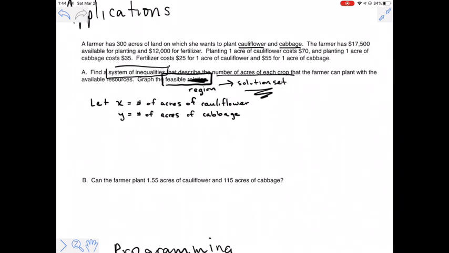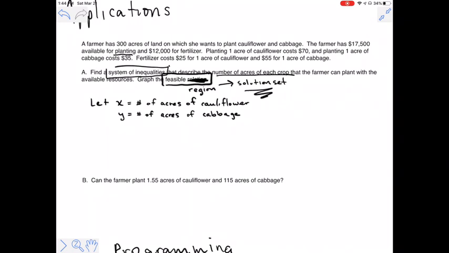A difficult part sometimes after this step can be creating equations or inequalities using these variables. So we need to read through the rest of it now. It looks like there's two different things happening.